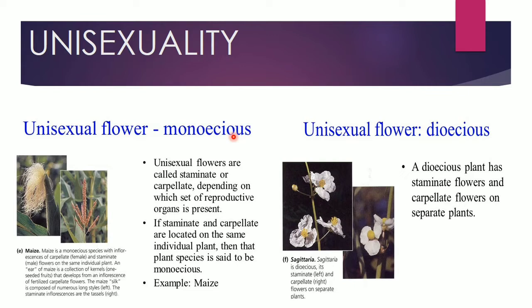Monoecious plant means the plant will have both male and female flowers. Understood? Both male flowers as well as female flowers, or staminate flowers as well as carpellate flowers. These both are present on the same plant.